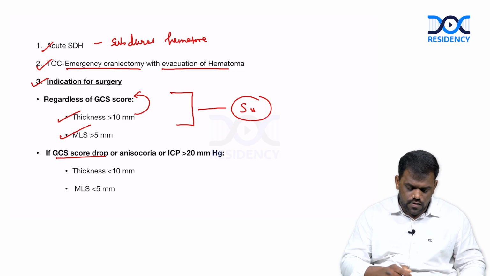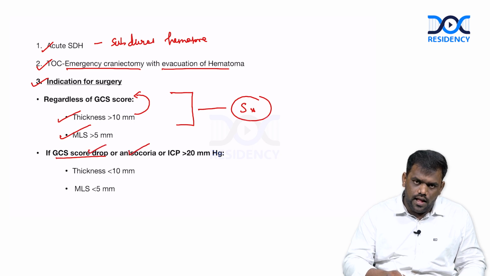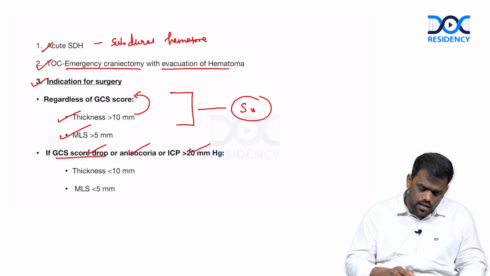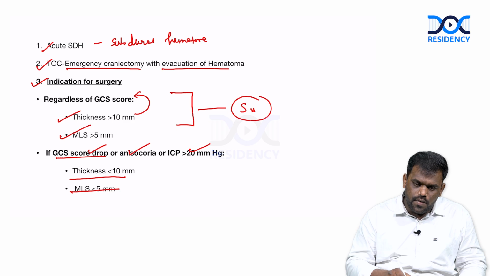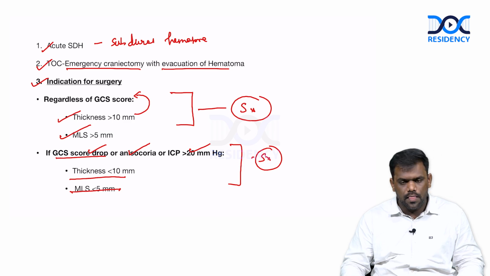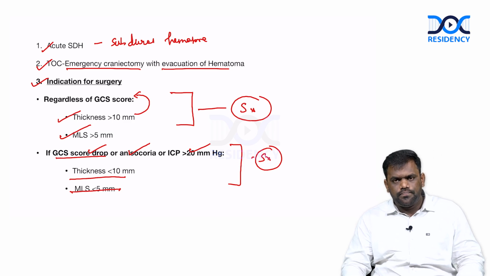So if the GCS score drops, or there is anisocoria, or the ICP is more than 20 mmHg, then even if the thickness is less than 10 mm or the midline shift is less than 5 mm, you have to go for surgery. Understood?